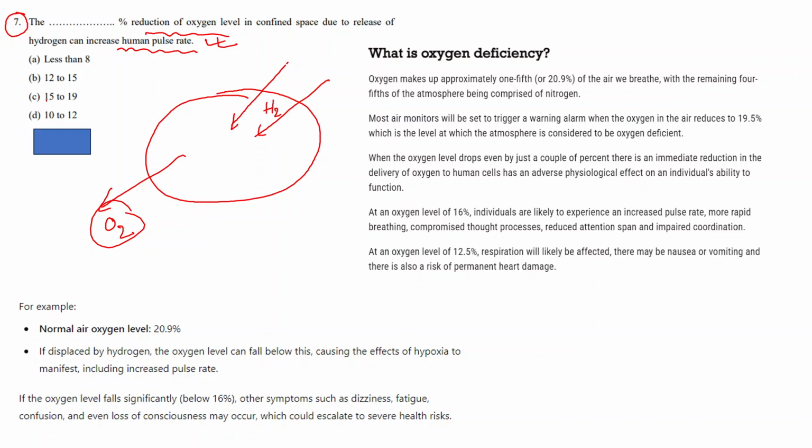Okay, and 10 to 12% giddiness and 8 to 10% unconsciousness and less than 8% human death can occur. So our answer will be 12 to 15%. So our answer will be B.